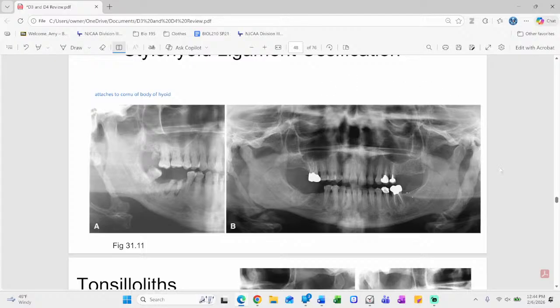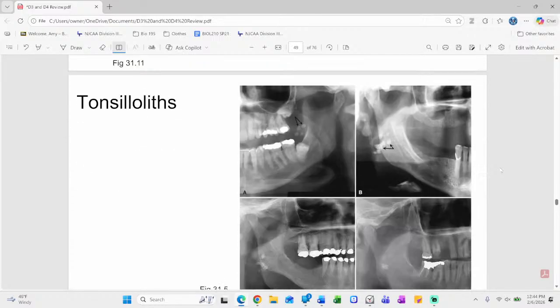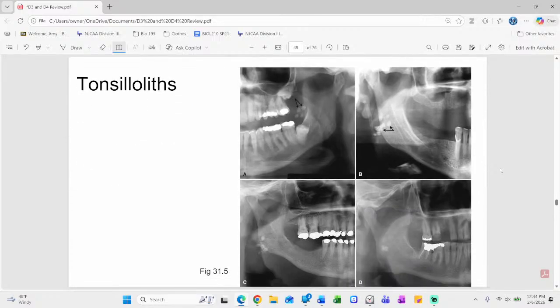You can find them anywhere in the middle, starting at the origin, starting at the insertion, somewhere in between. You may see opacities in that path. Then you know it's that ligament. Otherwise, normal styloid, where the ligament has not grown in front of our eyes. Everybody good on normal versus ligament, okay?